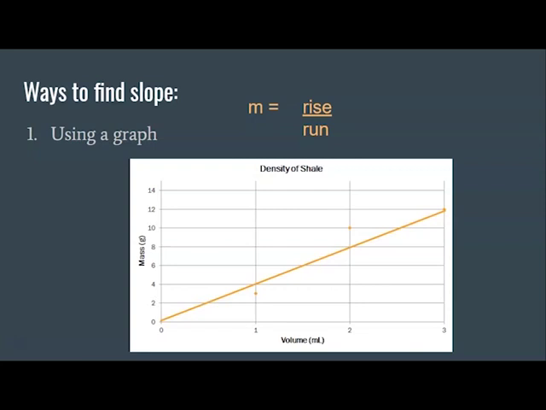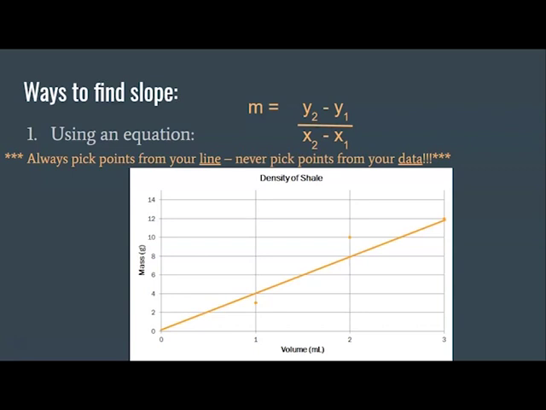Right here in your notes. When you're using an equation, which we're going to have to do, we can take that rise over run. You're going to rise up your y, so y2 minus y1, and you're going to divide by your run, which is your x, so x2 minus x1. Write that down.